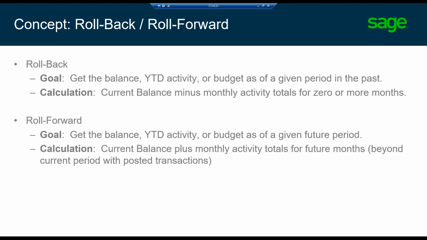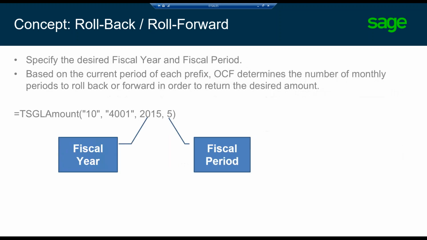The financial function does it all for you, but that's what you'd have to do if you did it manually. So you can accomplish that rolling forward or back. All you have to do is pass to any function what you want. So here's the prefix, then the base account, the year and the period. You just pass it and the function returns. It does all the work for you and it returns what you want.